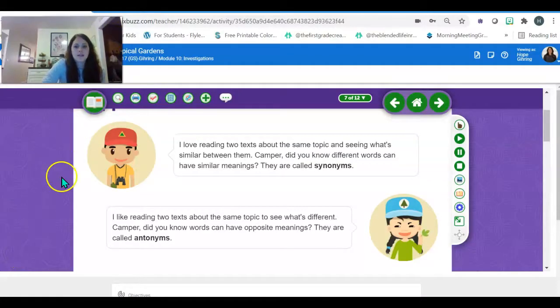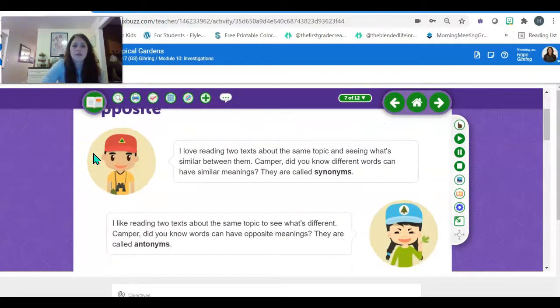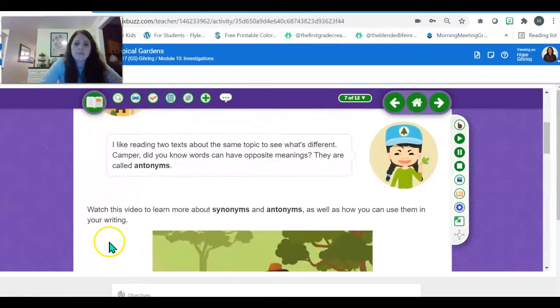Okay, so now we're going to move on to a little bit of grammar in our writing workshop here. So, did you know that different words can have similar meanings? And when they do, they're called synonyms. Let's see. So, our camper here says, I like reading two texts about the same topic to see what's different. Camper, did you know words can have opposite meanings?